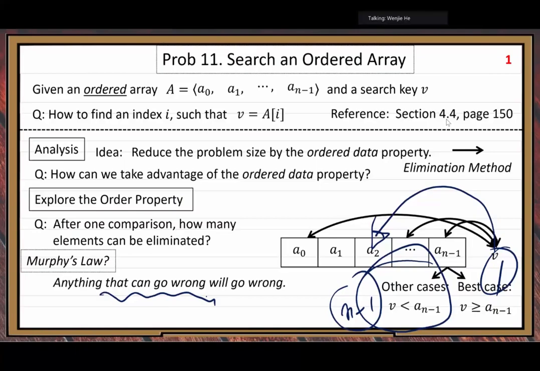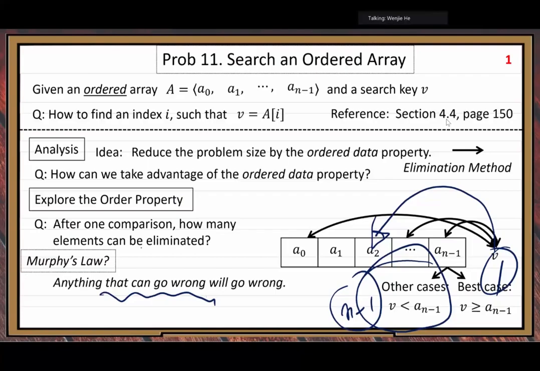So here, the understanding is this is the wrong thing. There is an interesting view here, which people call the adversary argument.